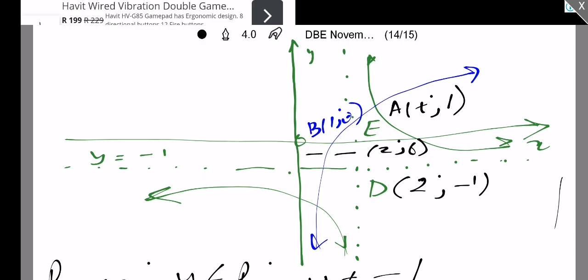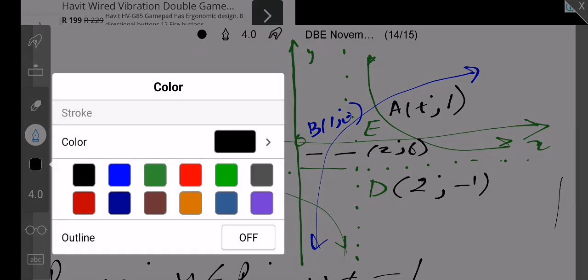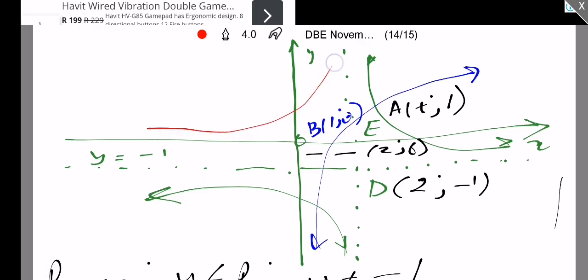Let's first draw the graph of the inverse of f with a different color. Of course, I'm going to choose a red. It's an exponential graph, so this is going to be the inverse.